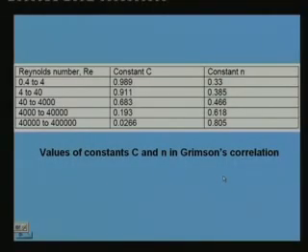If the Reynolds number is between 0.4 and 4, then the constant C is 0.989 and n is 0.33, and if it is between 4 and 40, C is 0.911 and n is 0.385. Like that, for different Reynolds numbers covering a wide range, different values of C and n are given. So we can use this table, get the values of C and n, then use the correlation and find the heat transfer coefficient.